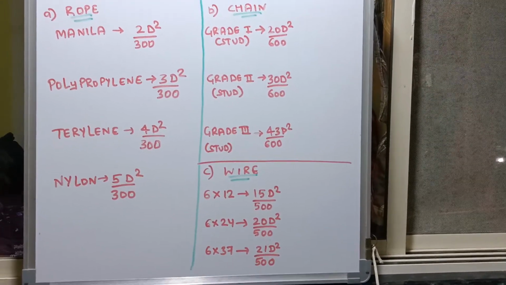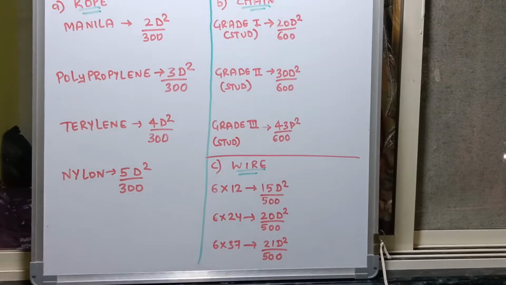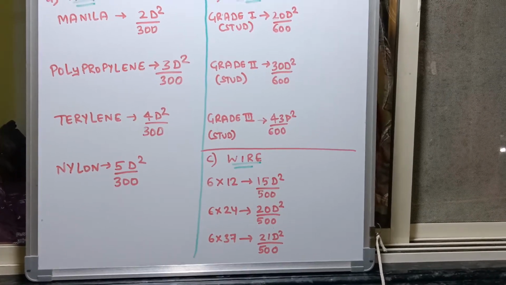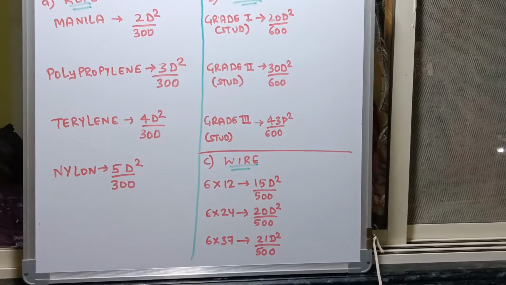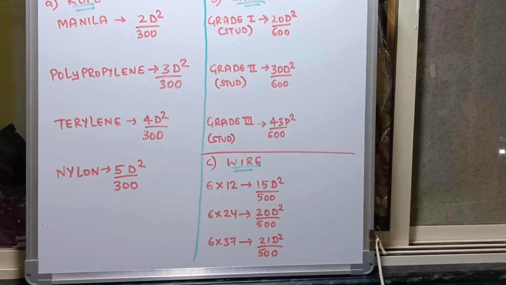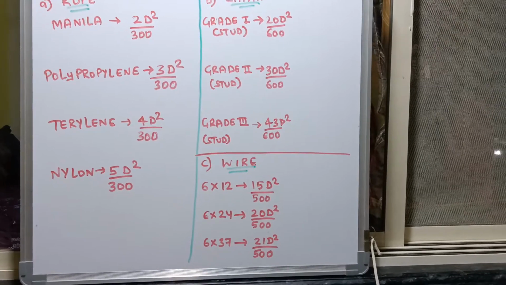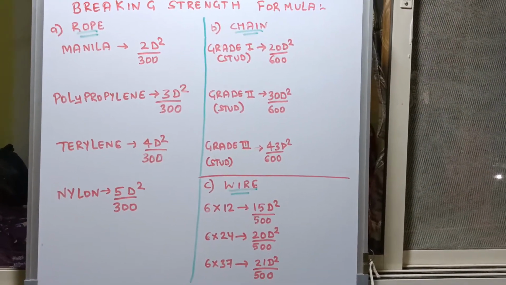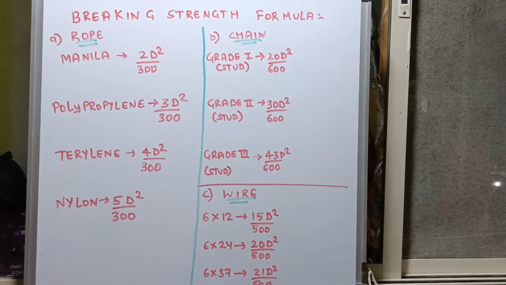The last one is for wire. 6 into 12 is 15d square by 500. For 6 into 24 it is 20d square by 500. And for 6 into 37 we have 21d square by 500. So guys, this is very important for solving lifting gear problems when they ask about the strength of the rope.